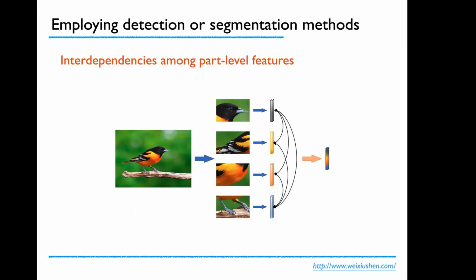So these methods almost neglect the fact that an object's features are mutually semantically correlated, and region groups can be more discriminative.